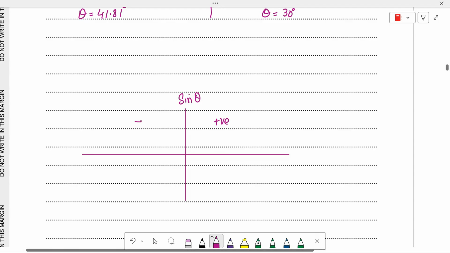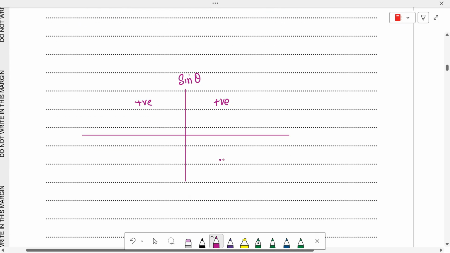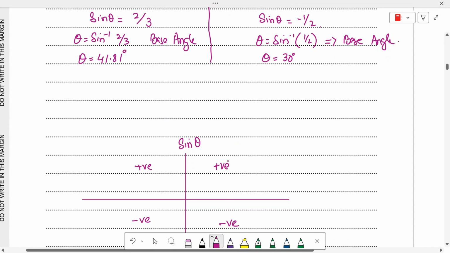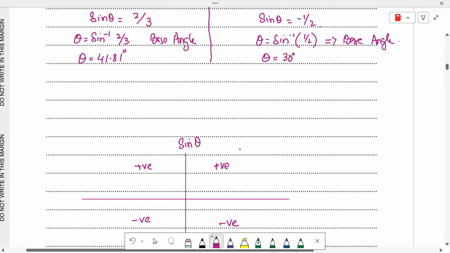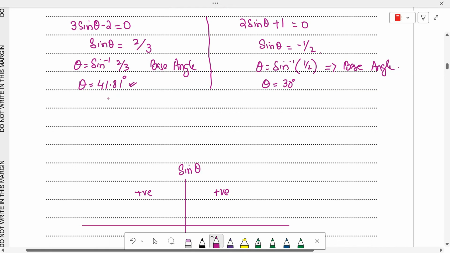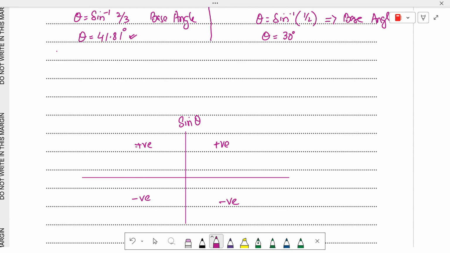Now we know that sin θ has positive values in the first and second quadrants and negative values in the third and fourth quadrants. So this value 2/3 is a positive value, so sin θ will have two angles, one in the first quadrant and the second one in the second quadrant. The first quadrant angle is already the base angle we have calculated. To find the angle in the second quadrant, we will use the formula 180 minus θ, where θ is the base angle.